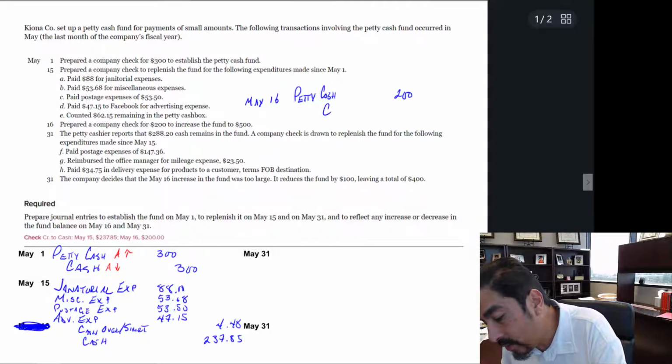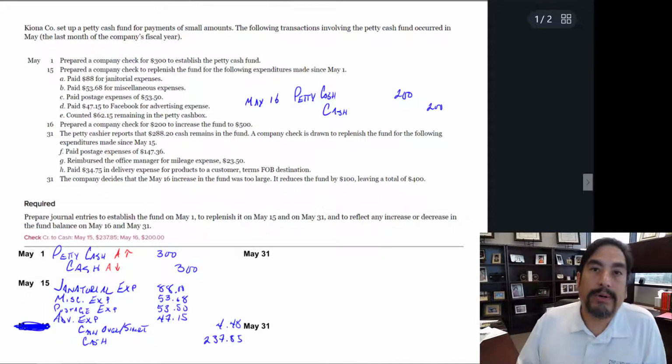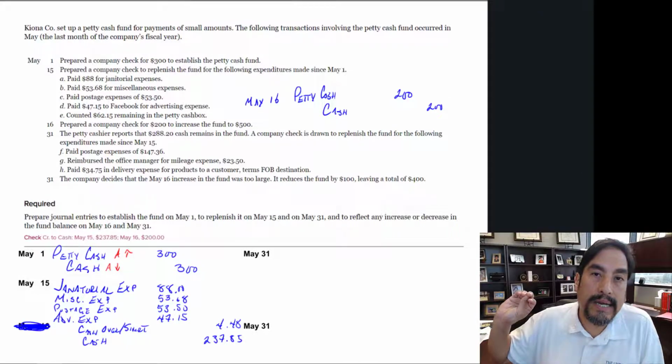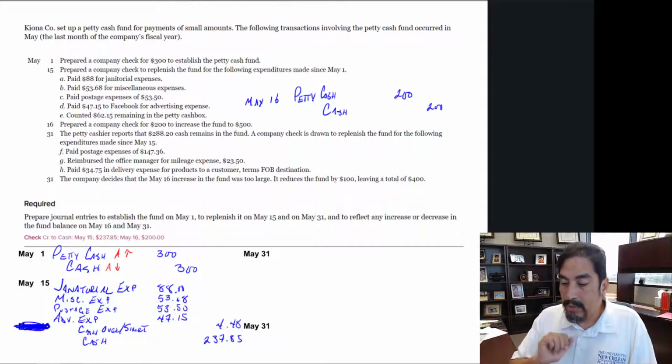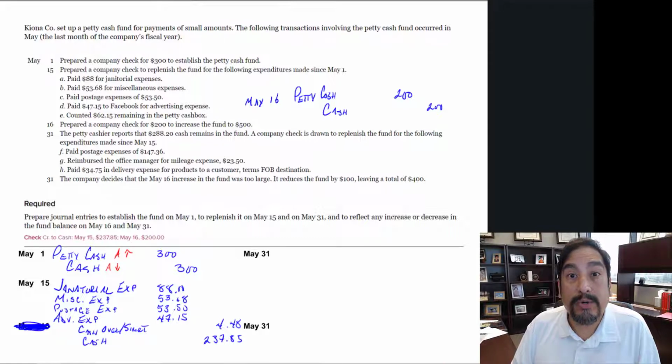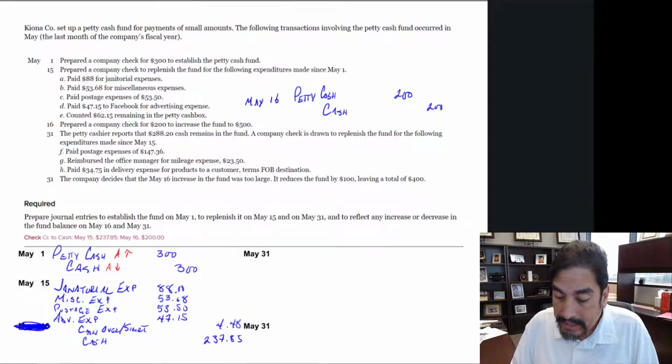And I'm going to credit cash for that $200 because we're pulling $200 out of the company bank account in order to put it into this petty cash box. So that's what a petty cash increase journal entry looks like: a debit to petty cash and a credit to cash. That's May 16th.